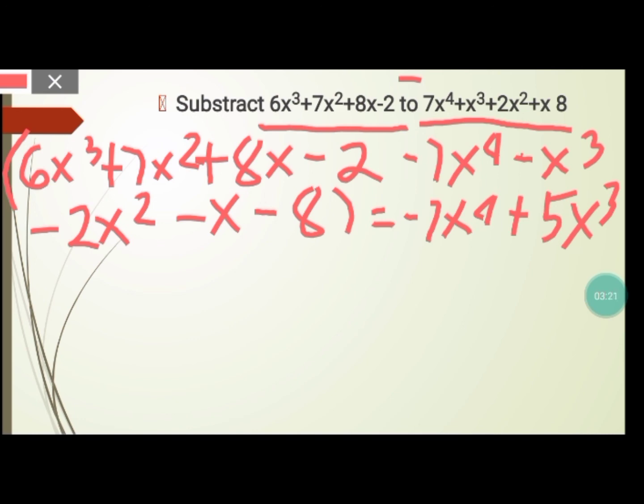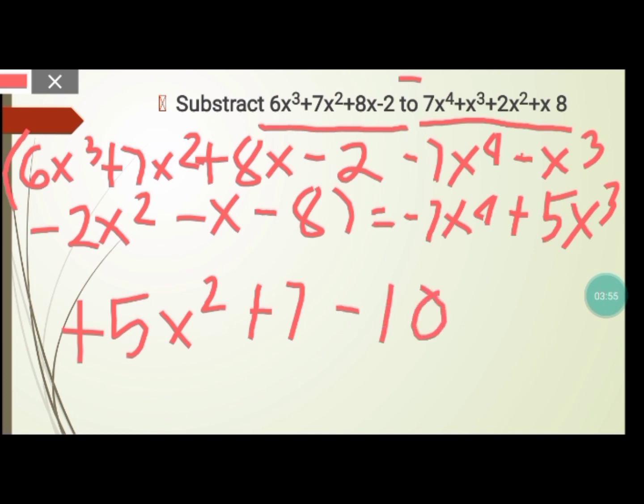We have positive x squared. Then the next is positive 8x minus x, which would be positive 7x. And lastly, negative 2 minus 8 would be negative 10.